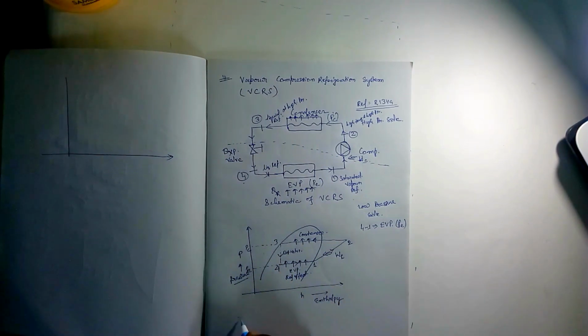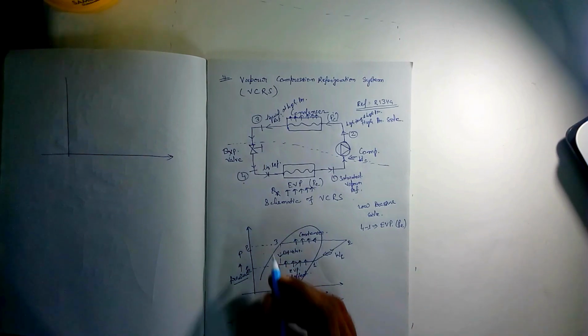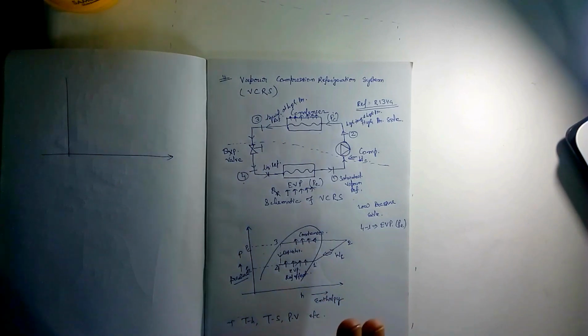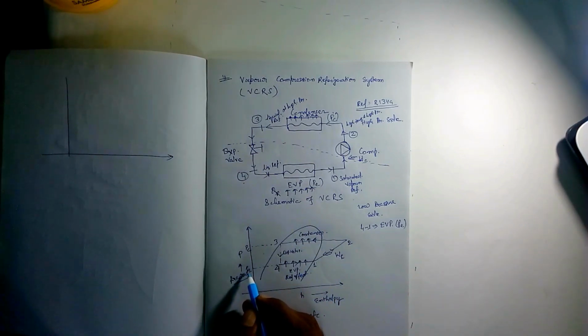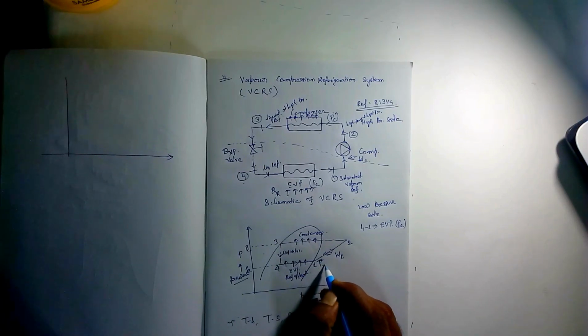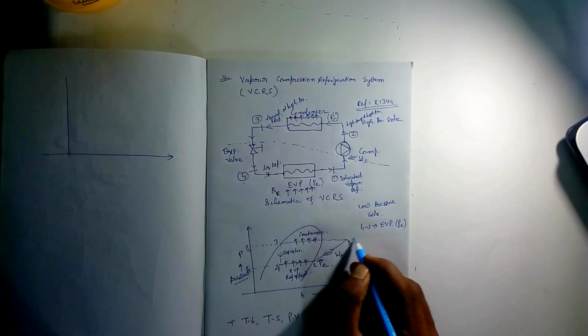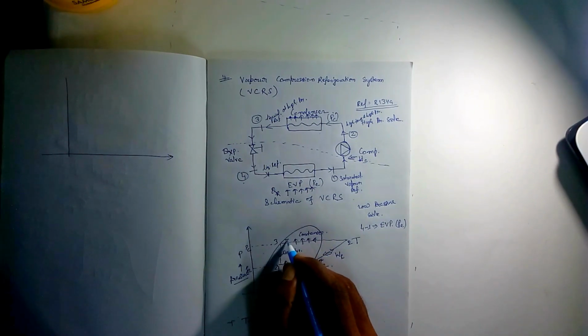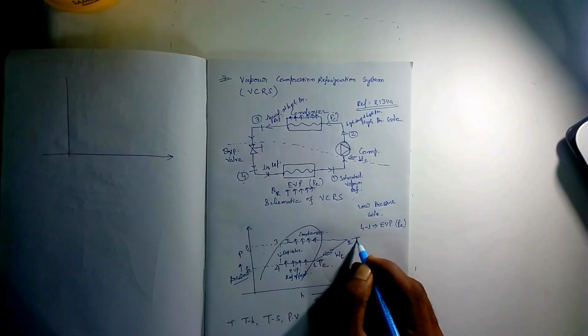We can also draw this property diagram as TS, PV, and so on. As we know, phase changes take place at particular pressure and temperature. So if we have the evaporation pressure here, then we should have the evaporation temperature, and the condensation temperature there.